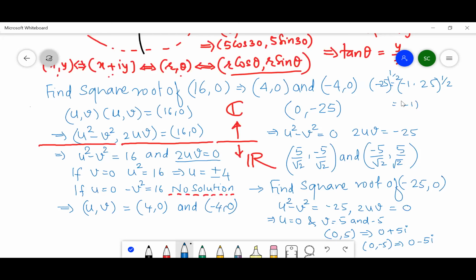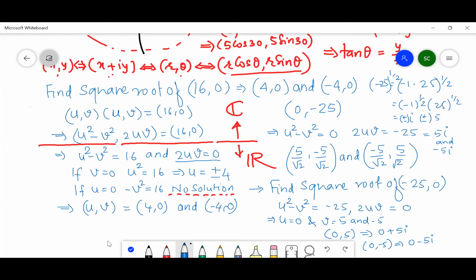So the square root of minus 1 is i, and the square root of 25 is 5, so we get i. Now the square root of minus 1 is i or opposite of i, so you will have plus or minus here, and the square root of 25 is plus or minus 5. But out of the 4 combinations, finally only 2 combinations will survive, which is 5i and opposite of 5i.